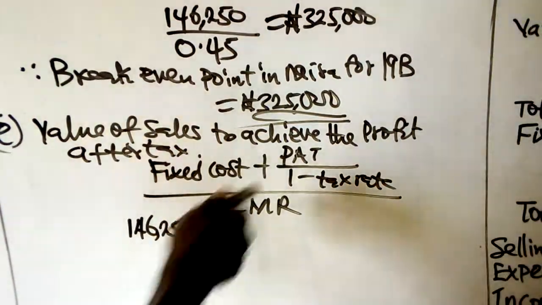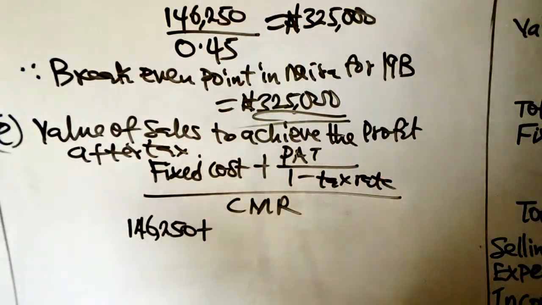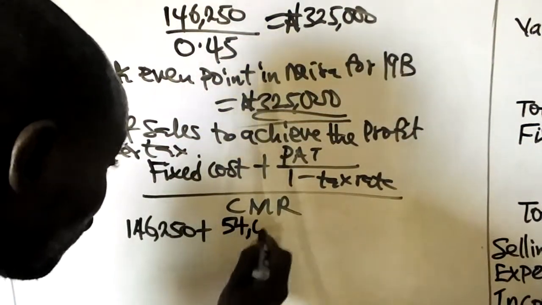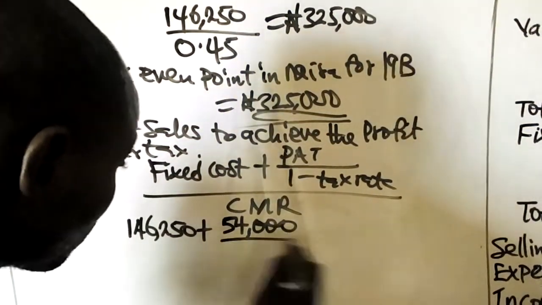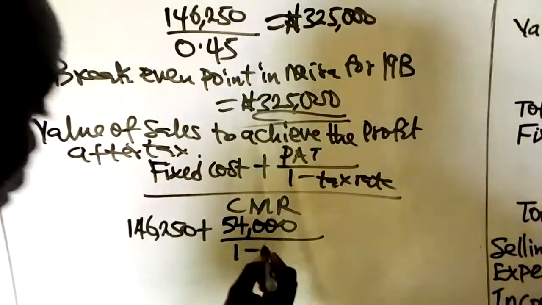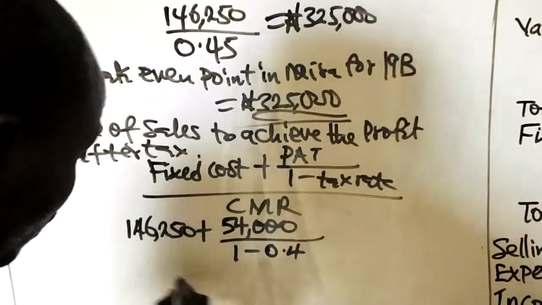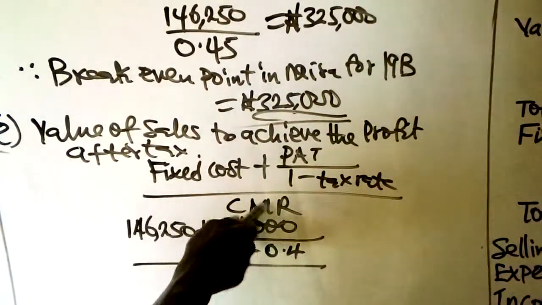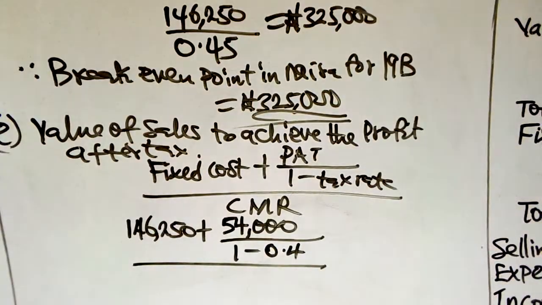54,000 as our profit after tax. That is requirement A. The solution to the A aspect of the question: we have 54,000 as the profit after tax over 1 minus tax rate. Our tax rate remains 40%, 0.4, all over the CMR, since it is in value, not units.